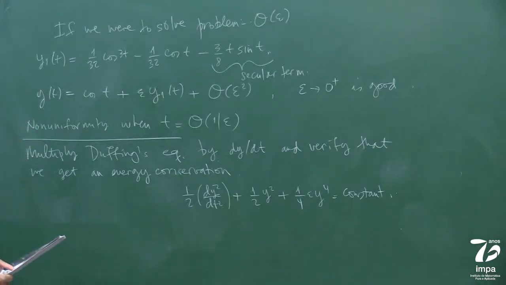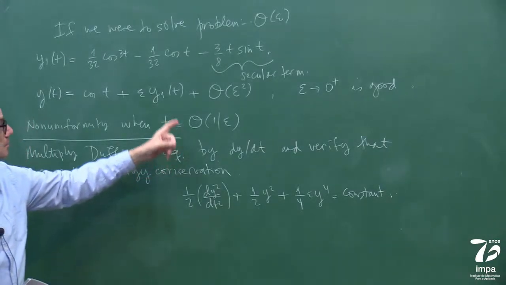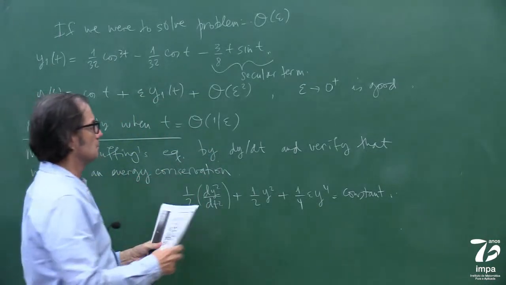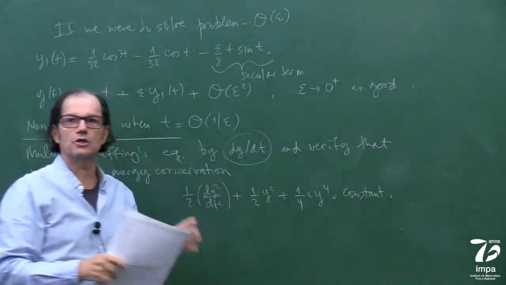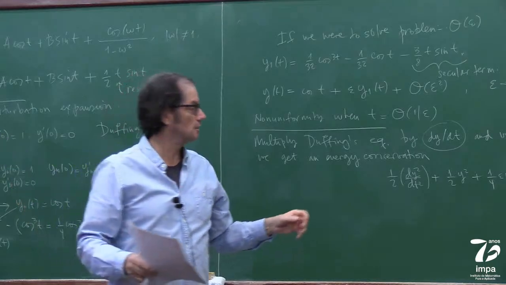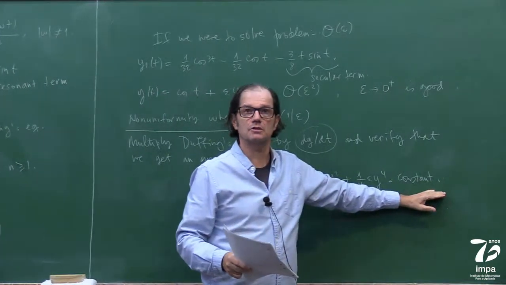See if I got it right. Yeah. So basically, it's multiply Duffing's equation by dy dt. You can write it as an exact differential. You integrate. You get that this is equal to a constant.